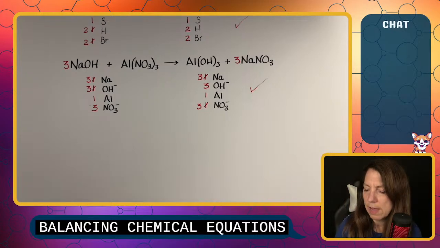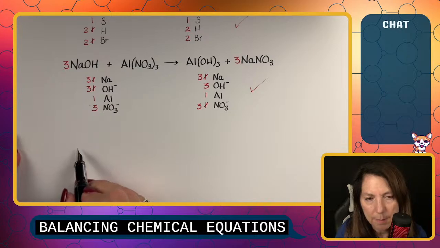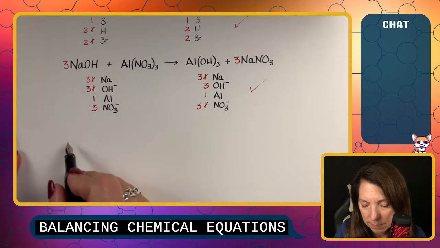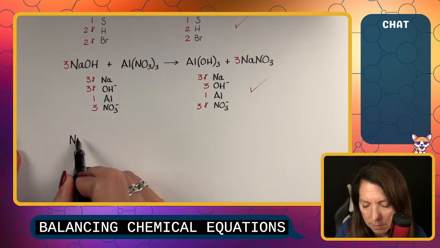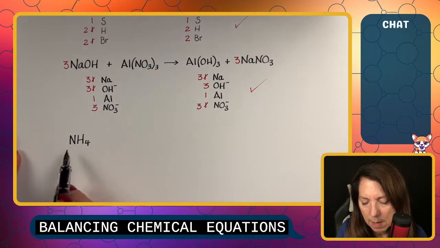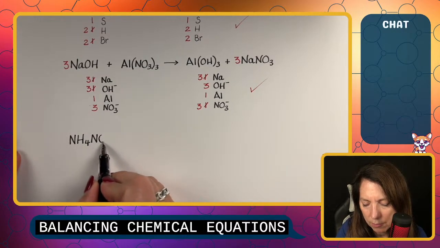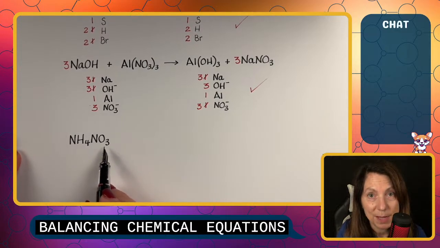Okay, let's look at a compound called ammonium nitrate. Ammonium is a polyatomic ion. It's +1 charged. And nitrate is a polyatomic ion.